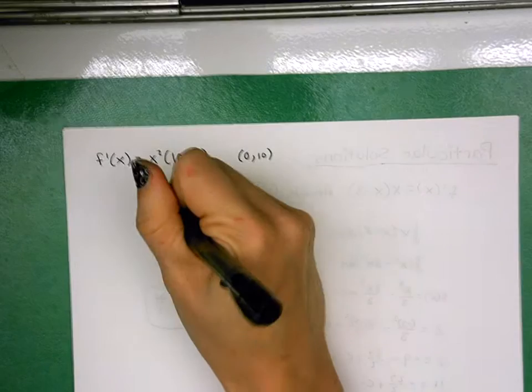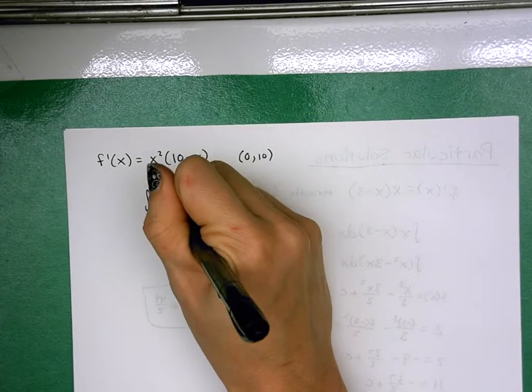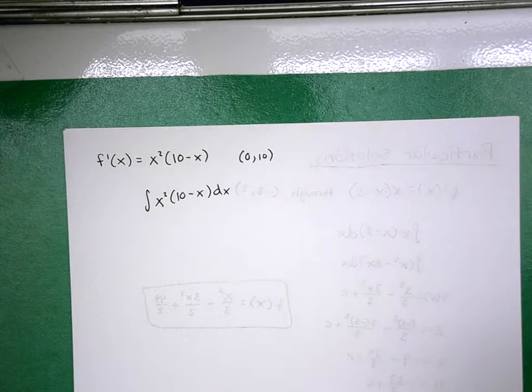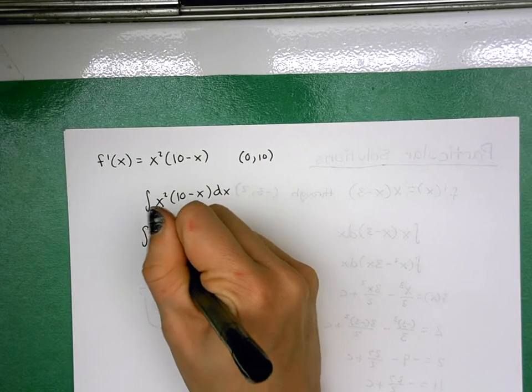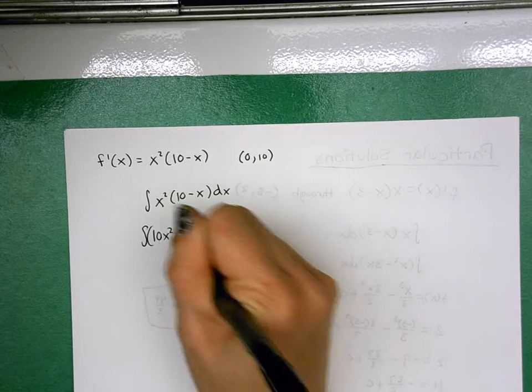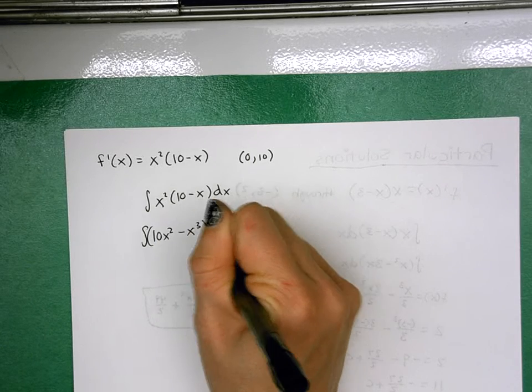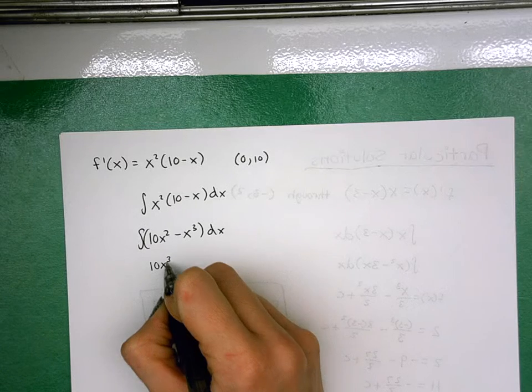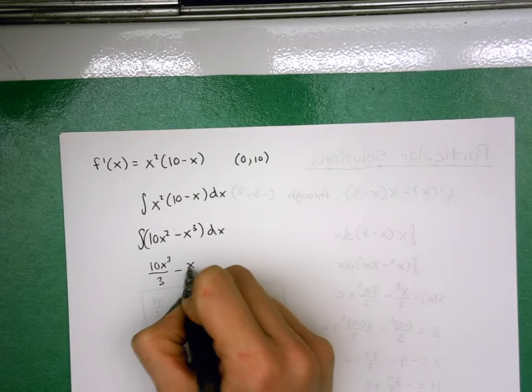Okay, so again, antiderivative first. To get this into power rule, I do need to distribute. And now I can do power rule, adding 1 to the exponent, dividing by the new exponent.